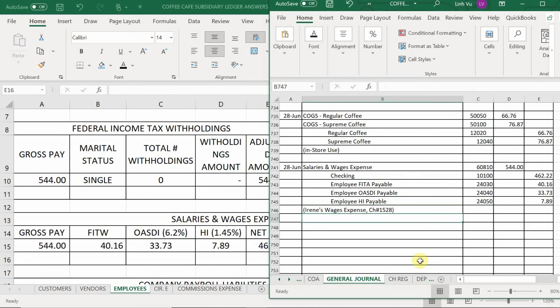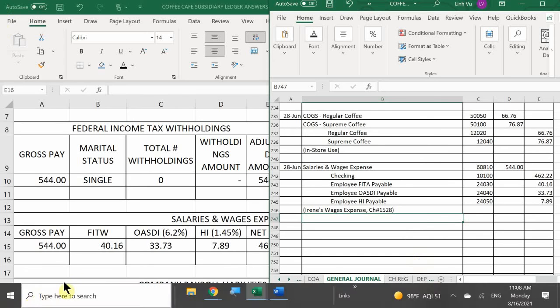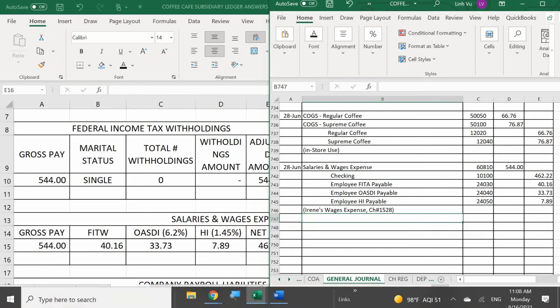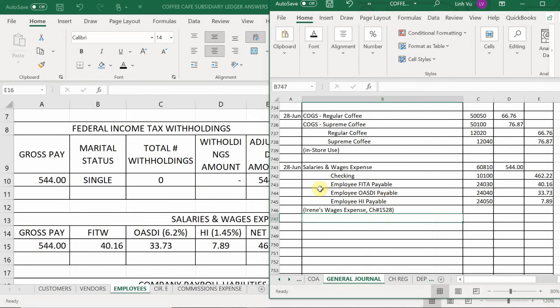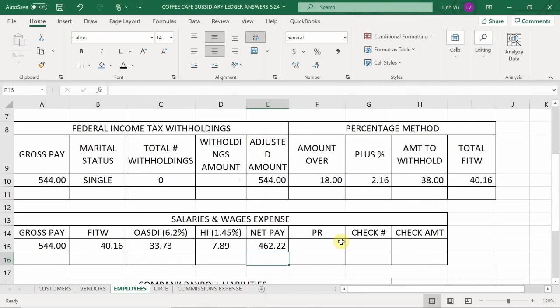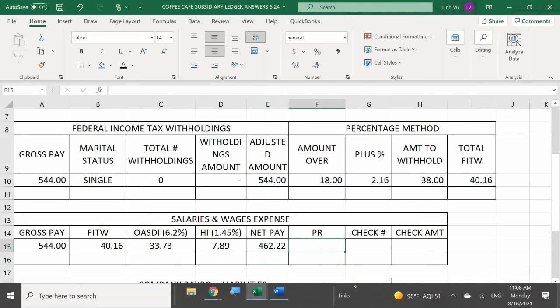Good. So here we have the extra information. PR, we know to be that we were on General Journal 18. We know what the check number is, 1528.